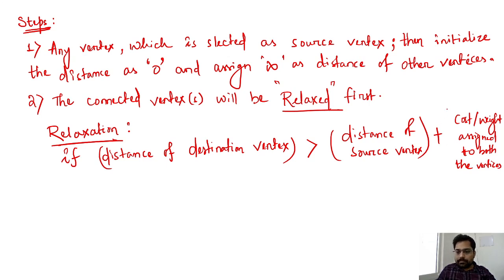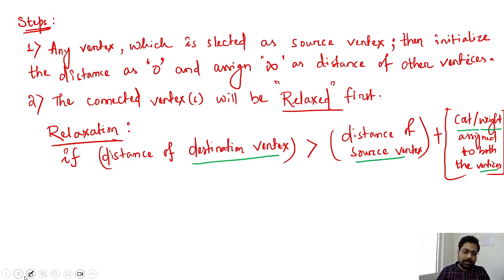So this is what, like if the distance of the destination vertex is greater than the distance of the source vertex plus the cost or weight assigned to both the vertices, then what we have to do, we have to write it better.